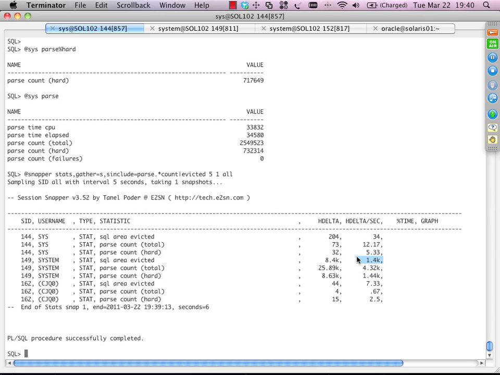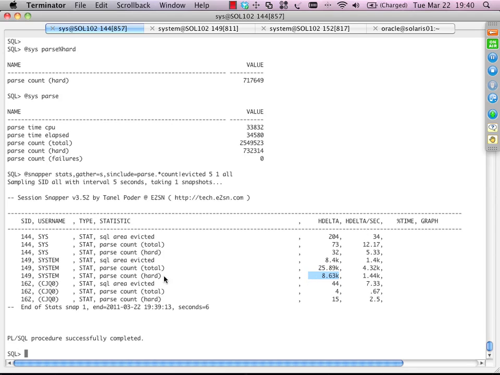And this guy also evicted, threw out about 1,500 SQL areas or execution plan chunks or heaps, execution plans pretty much from the shared pool. So now I see that this guy is the troublemaker, because this guy only parsed 32 times per second compared to 8,000. It's nothing, right?